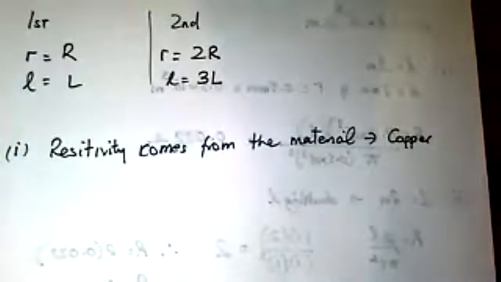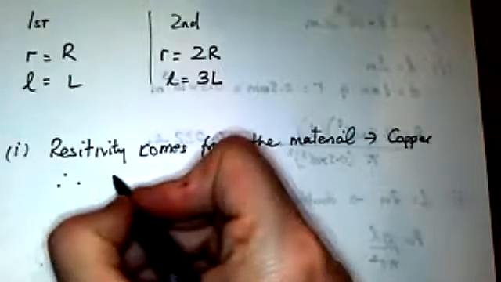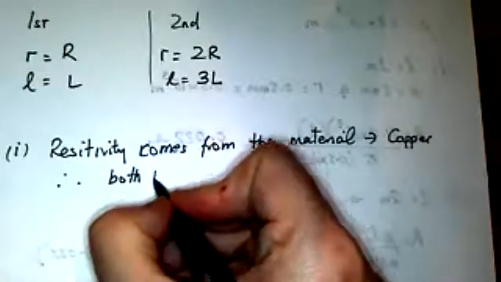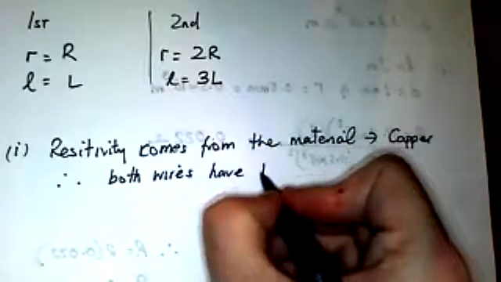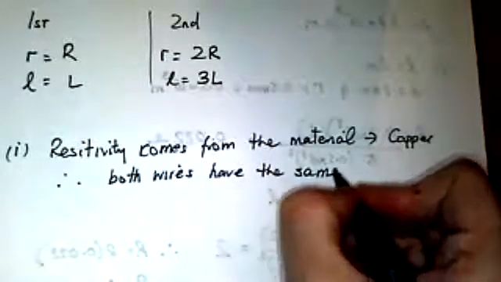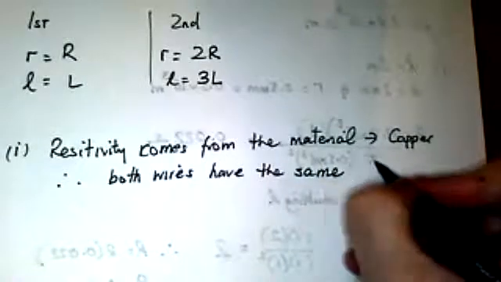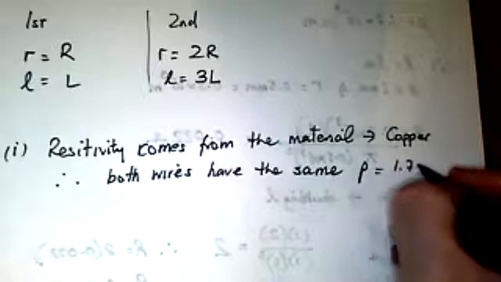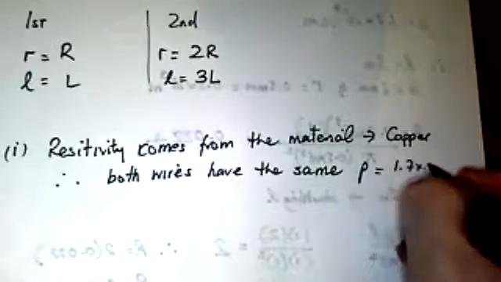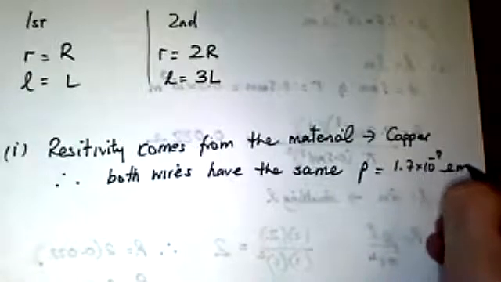Therefore, it's the same. Both wires have the same resistivity, which is equal to 1.7 times 10 to the negative 8 ohm meters.